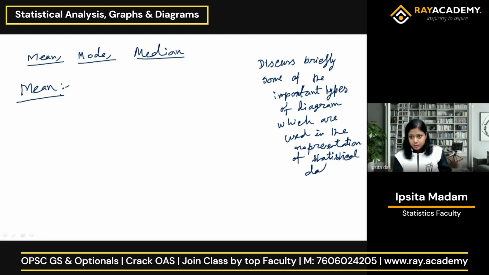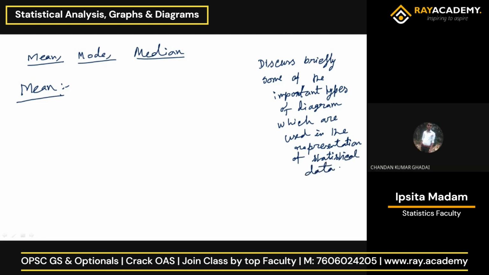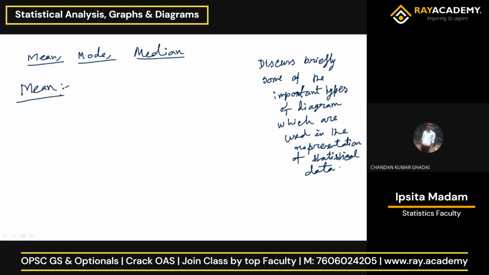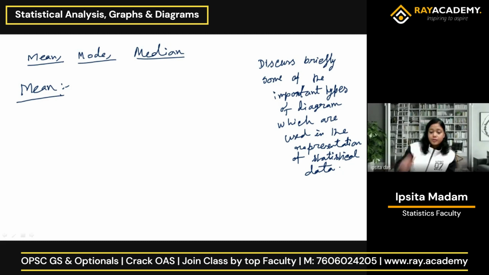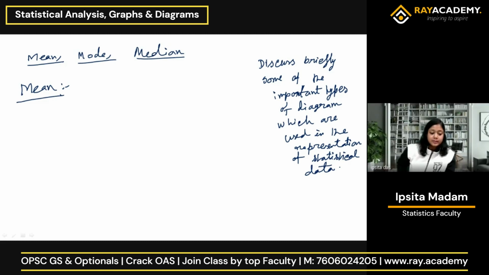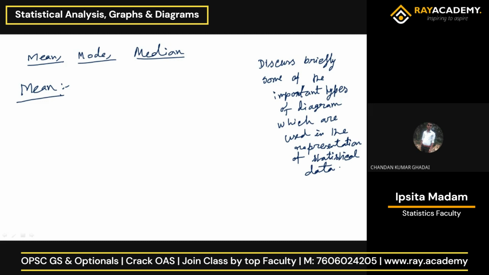Discuss briefly some of the important types of diagram which are used in representation. All types, and with their small examples, not only the theoretical case. Ma'am, an example is given for another question.